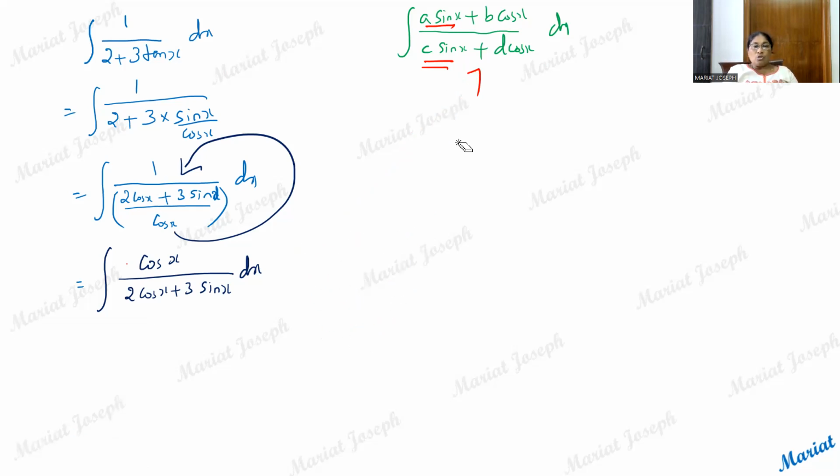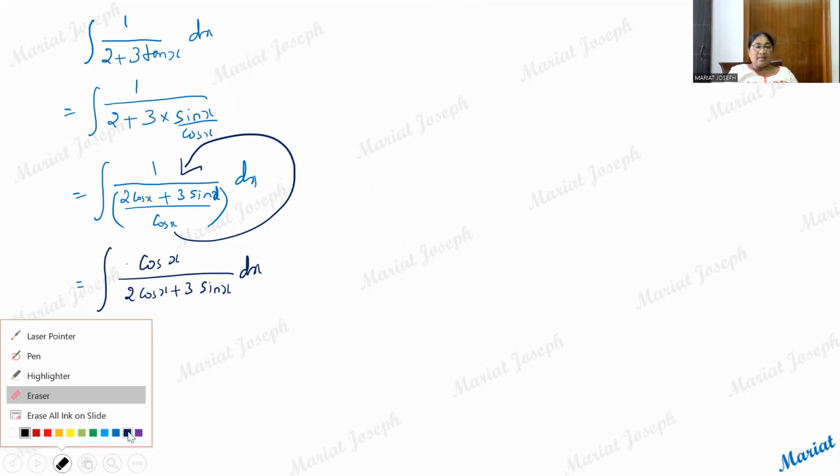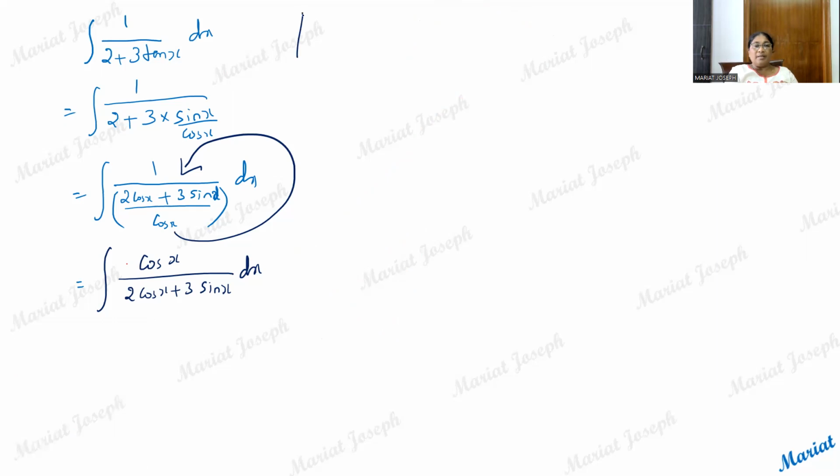Okay. So, let's continue. What was the method? What should you do? Change the numerator. Let the numerator be equal to a into denominator plus b into the denominator's derivative.